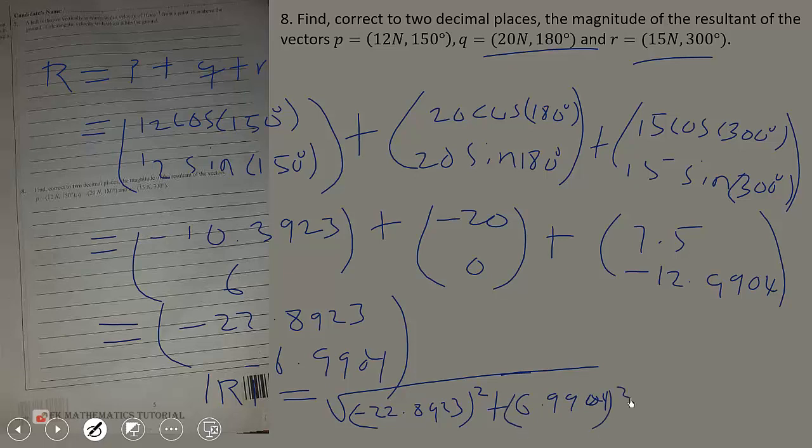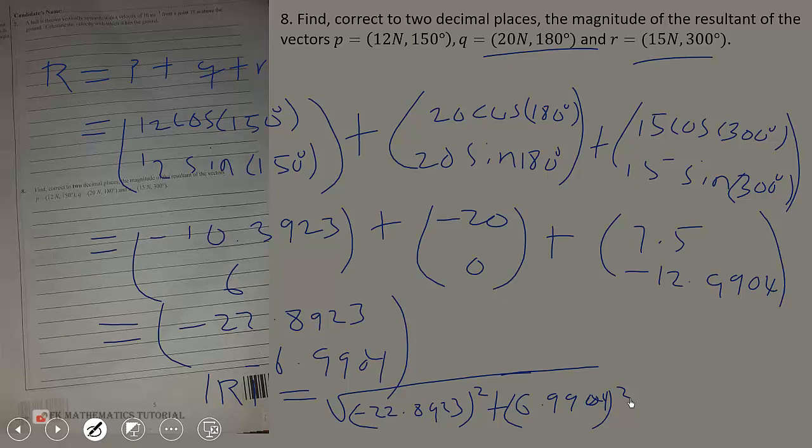So I'm just punching everything on the calculator, but you have to show one step more. Square root of negative 22.8923 all squared plus negative 6.9904 all squared.